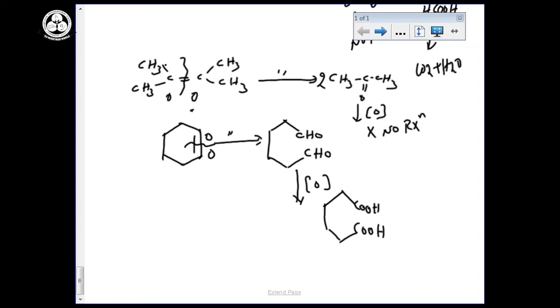These are the total chemical properties of alkenes. The chemical properties of alkenes are majorly three: one is addition, second is allylic substitution, third is oxidation. Addition is the major and very important discussion, substitution is a much smaller discussion, and oxidation is also less. Addition of hydrogen, see what rules we are following.